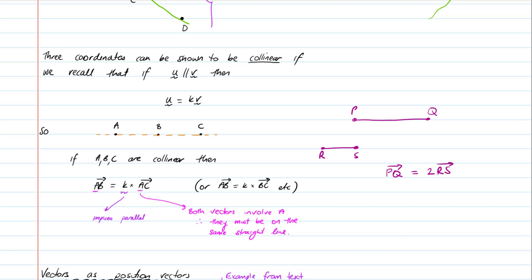Well, that's not true, because the other thing that we need is a shared point to show that they're on the same line. If it wasn't RS but RP, that would then give you the shared point. Here we have A, B and C, and A is a shared point. So not only do we have two vectors that are parallel, but they also share a point, therefore they must be formed by 3 collinear points.